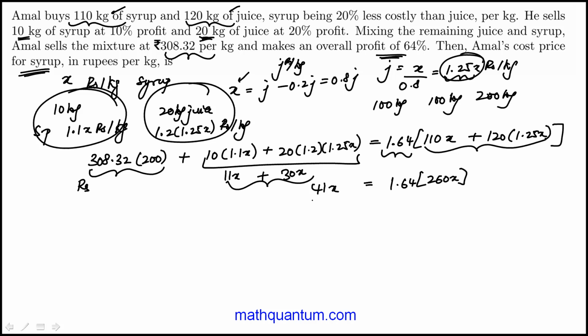And I know that the answer has to come out nice, and I notice this 41 times 4 is 164. So I'm going to divide throughout by 41. So 1.64. You can also hold back and do it at the very end. But just so this is 10.4x.